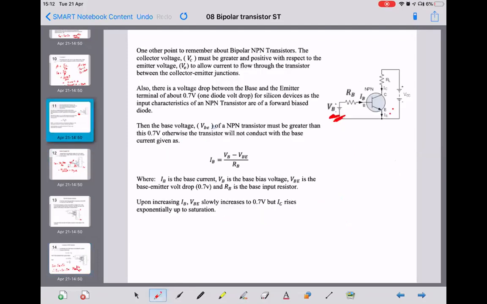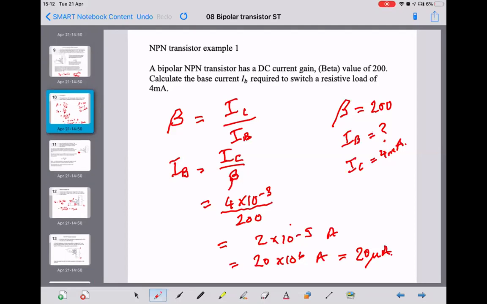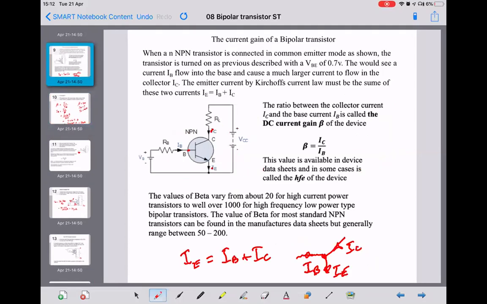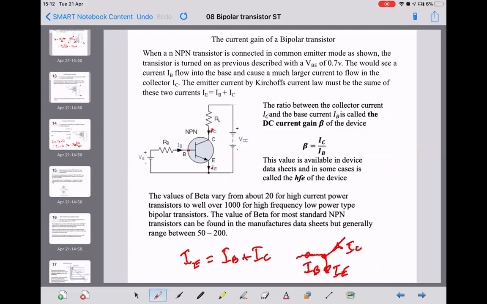Let's go back to it. Yeah, IE is IB plus IC. It's just a slightly different way of thinking about it because that IB current is flowing out instead of in. Gotcha. Just to double check.